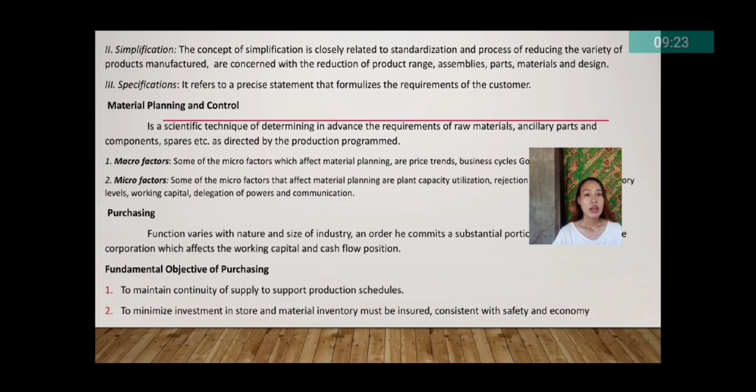So, ma-minimize natin yung pag-investment sa isa ka store, and material inventory must be ensured. Kailangan sure gayon yung pag-inventory para makita natin kung magkano yung bibilhin. Consistent with safety and economy. So, kailangan na maging safe at economical.